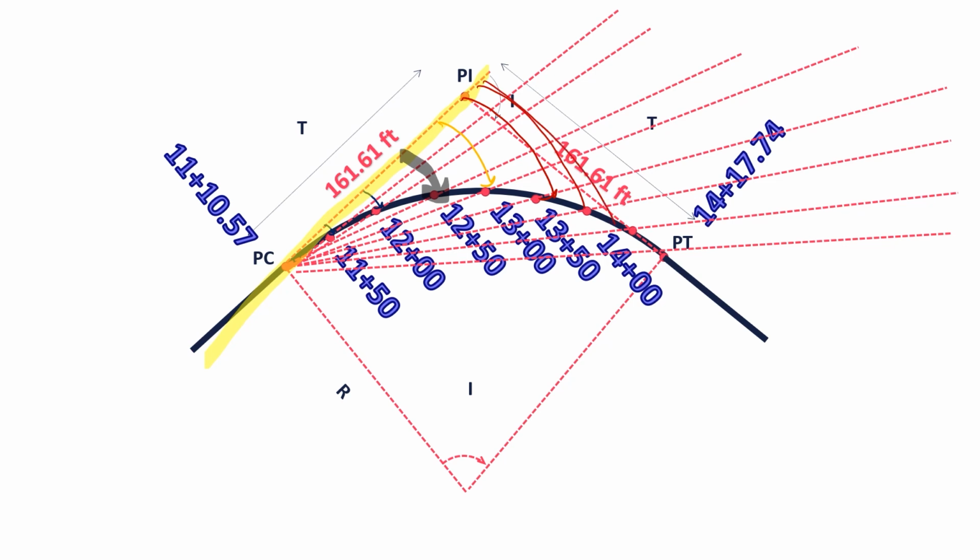And my long chords are these. That is the distance between the PC and the arc length between the PC and these stations. So I measure this long chord from the PC, and these are the total deflection angles.